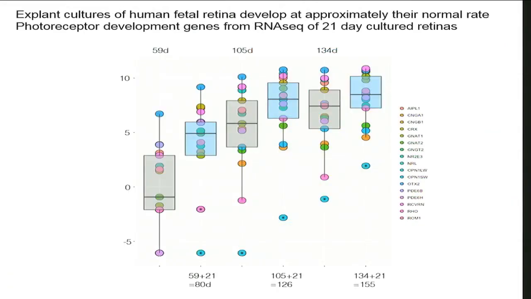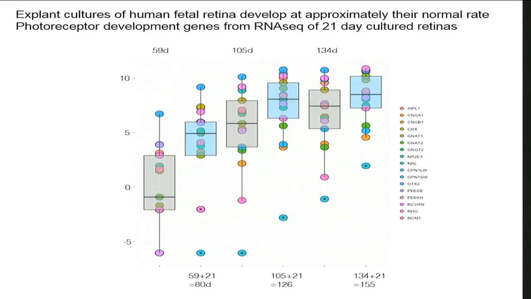And one of the things we found already, just by looking at culturing the human retina, is pairs of, say, 2 pairs of 59 days, one that we acutely dissected and one that we let go in culture for 3 weeks. We find that development progresses in vitro just fine in the human cultures as well. So, for example, 59 days plus 21 would put it somewhere close to 80 days. And this is the 105-day in vivo.